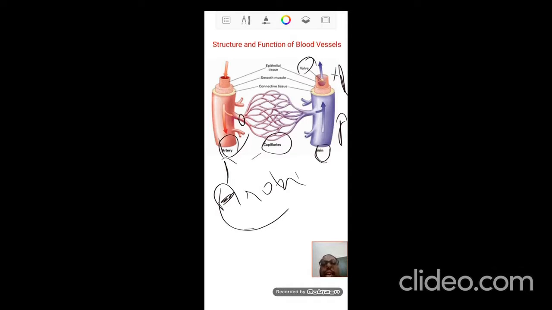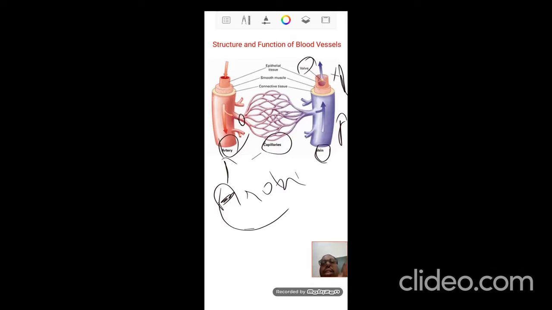So in 10th standard and above, when somebody asks what you mean by an artery, you have to say that it is the structure which carries blood away from the heart. Let it be oxygenated or deoxygenated, it doesn't matter.